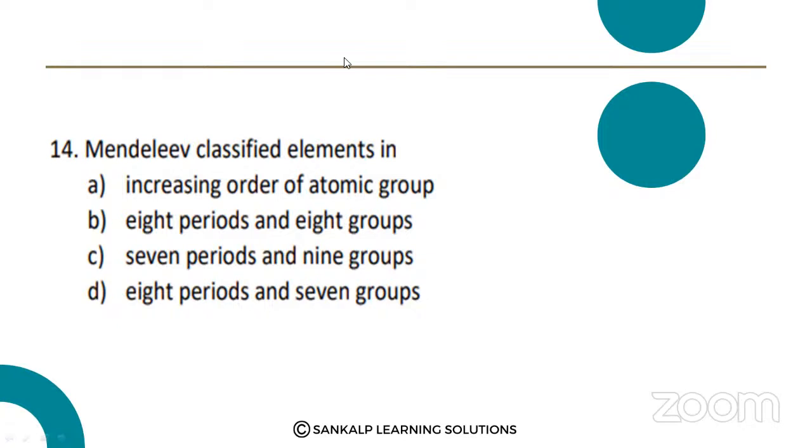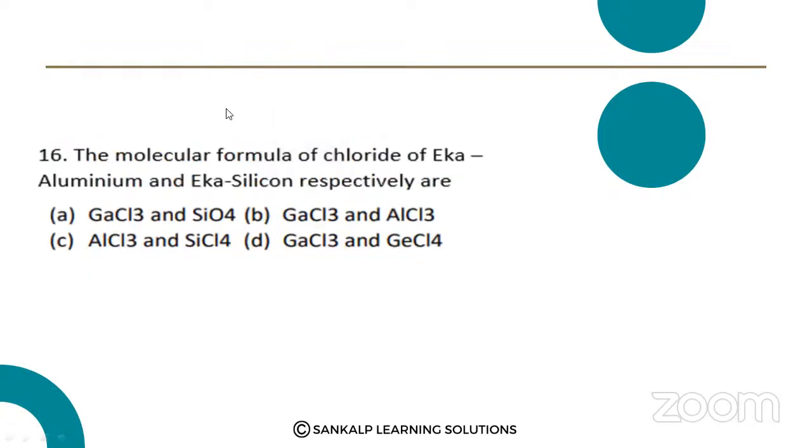So Mendeleev, he classified the elements in increasing order of atomic group. So we'll go for the next question.